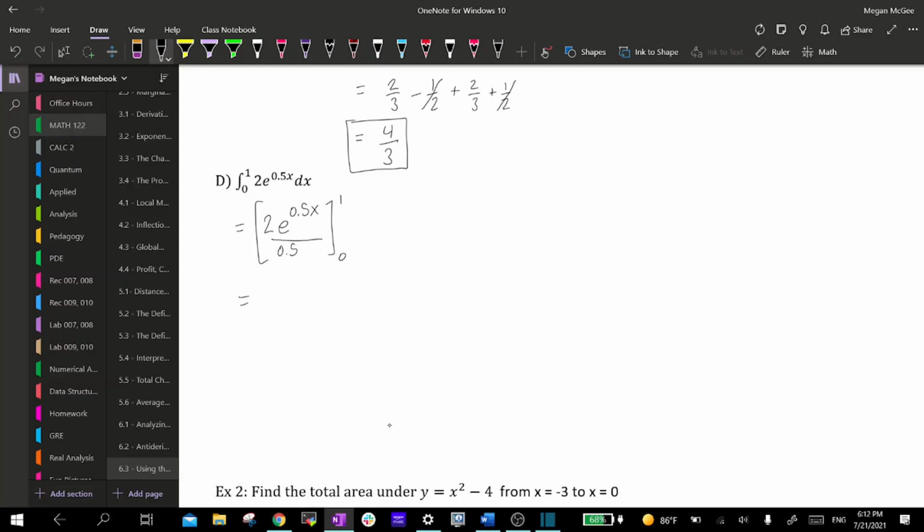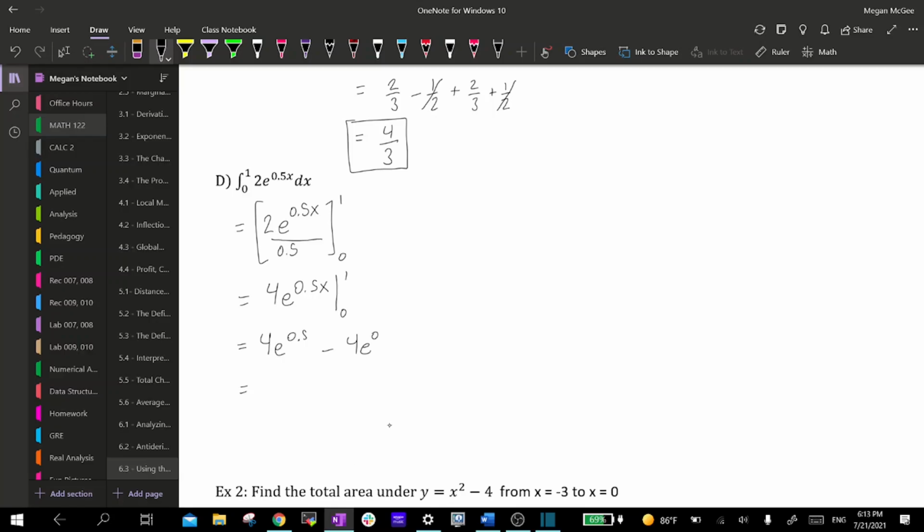And let's go ahead and clean this up. So 2 divided by 1/2, well, that's 4. e to the 0.5x evaluated from 0 to 1. So we have 4e to the 0.5 times x, which is 1, minus 4e to the 0.5 times 0, which is 0.